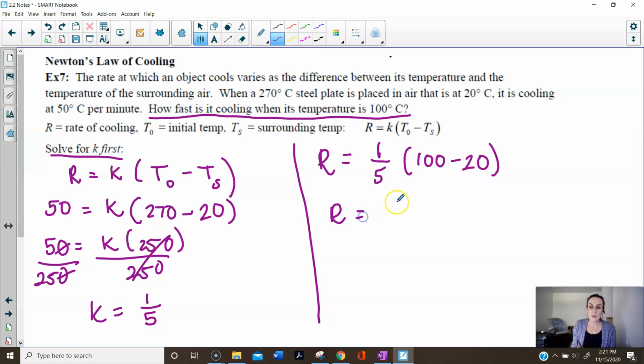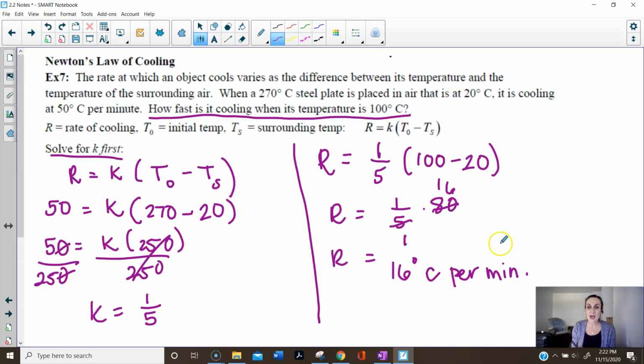So R is equal to 1/5 times 80. 5 goes into 80 16 times. So 16 is going to be the rate of cooling. And since it's cooling per minute, we would say 16 degrees Celsius per minute would be the rate for the 100 degrees Celsius object.